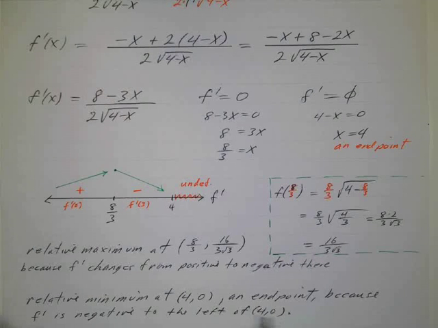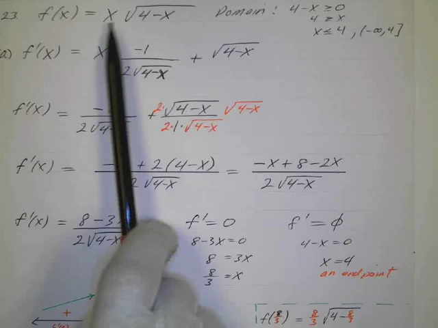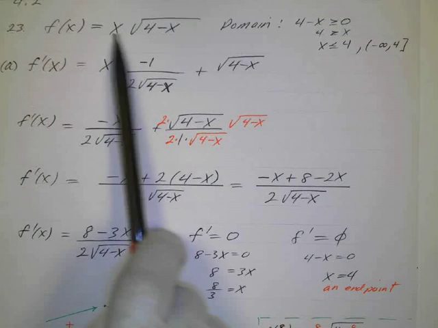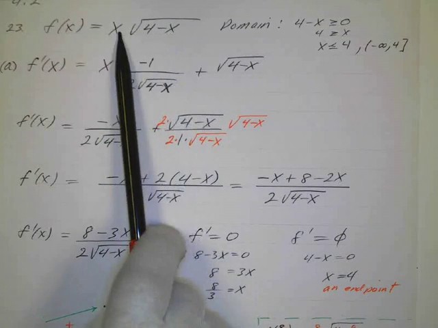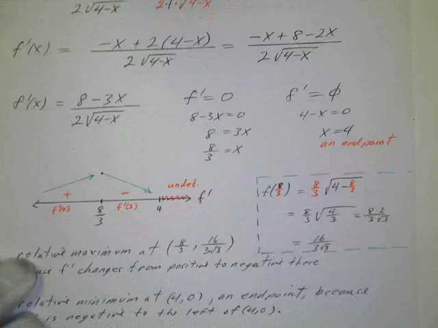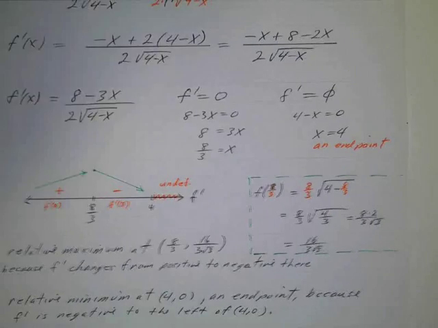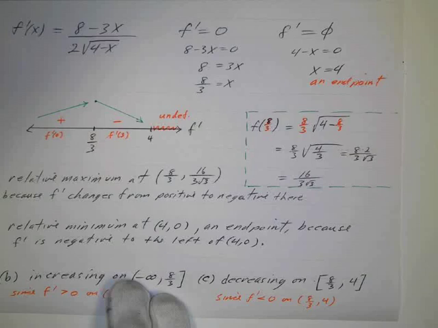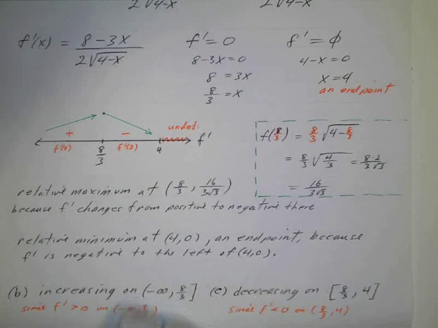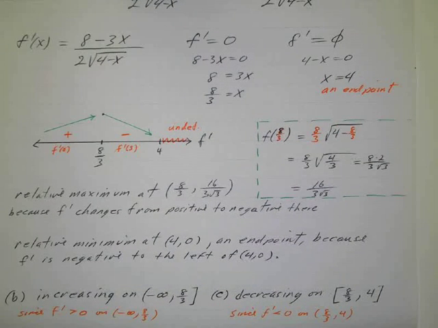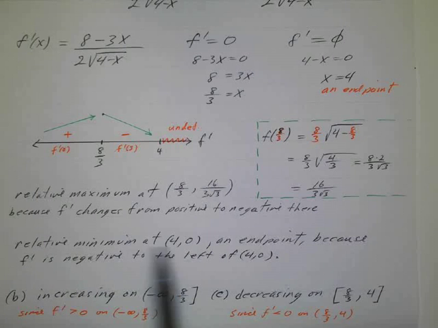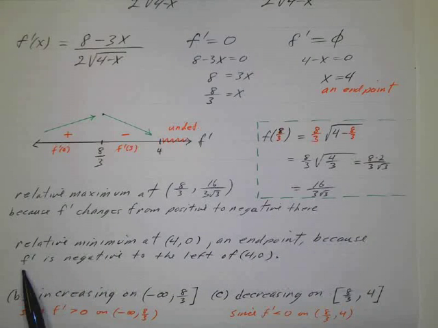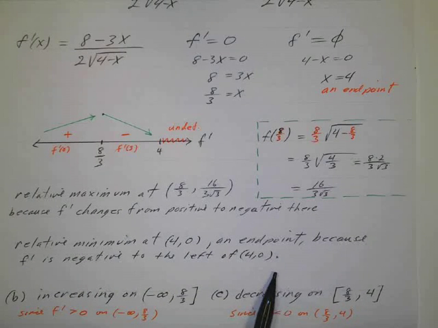I got the y-coordinate because I just put 4 back into the original function. 4 times the square root of 4 minus 4 is 0, so 4 times 0 is 0. So that's how I got those coordinates. I hope that makes sense. It's a relative minimum and endpoint because f prime is negative to the left of the right endpoint.